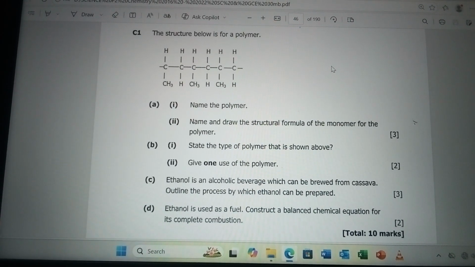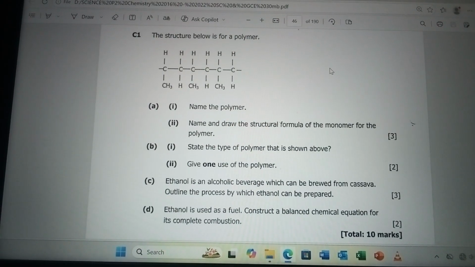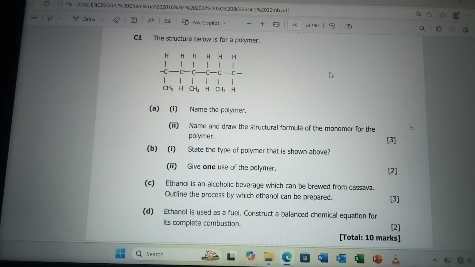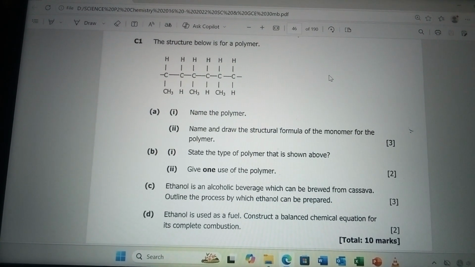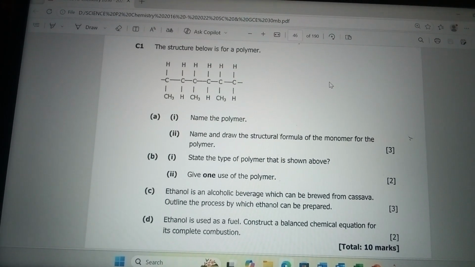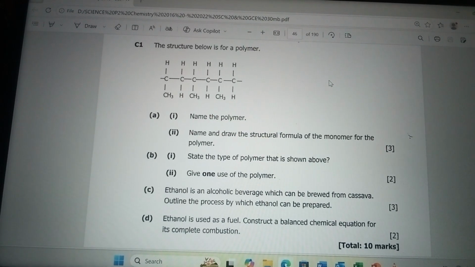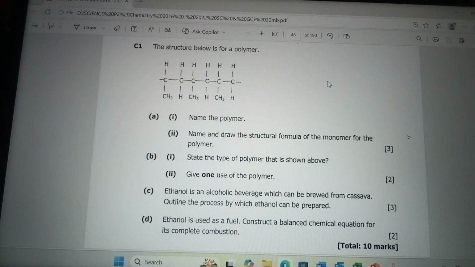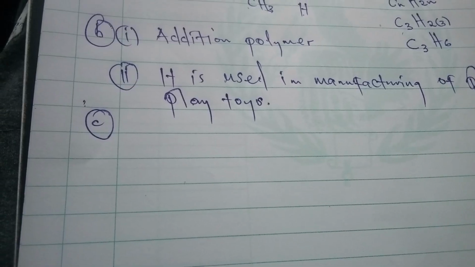The steps involved are that sugar is mixed with water and yeast, and they are allowed to react for some days in the absence of air. The reason the reaction is not exposed to air is to prevent the oxidation of the ethanol produced to ethanoic acid.